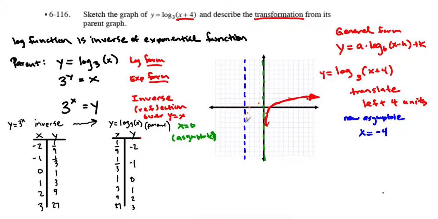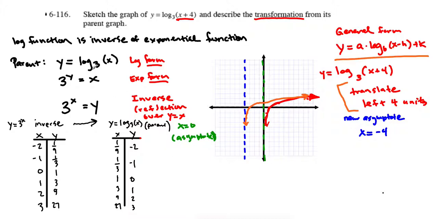And you'll see that we end up with a graph that looks like this, and it's going to continue right down the asymptote here. So it ends up translating it left 4 units. Remember, that just follows the same rules as the general form of our equation.